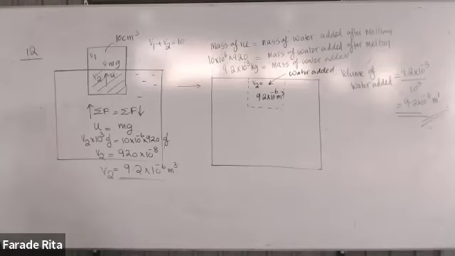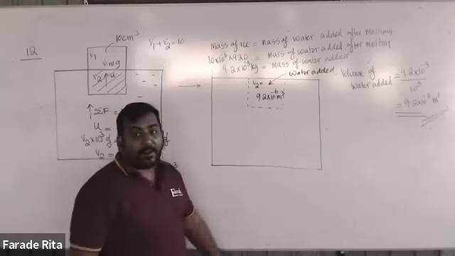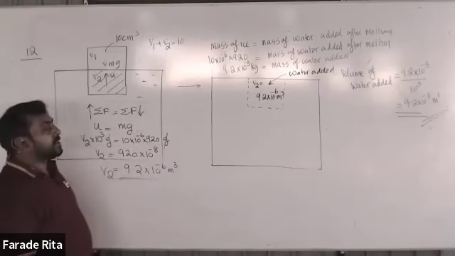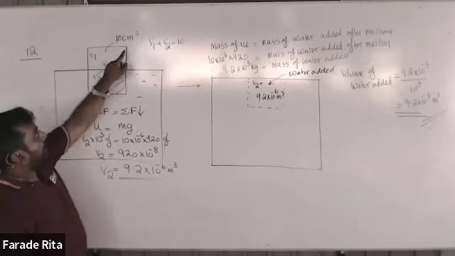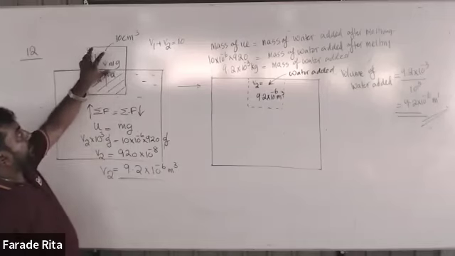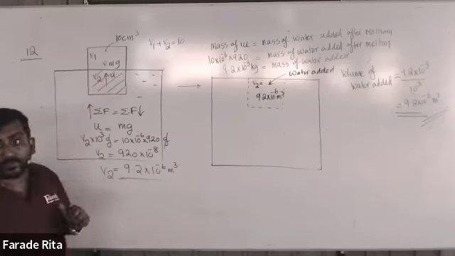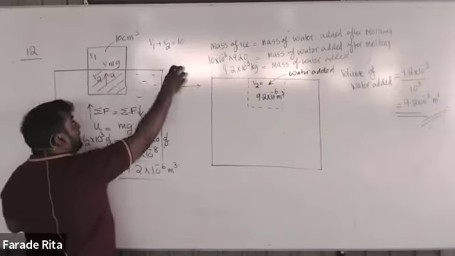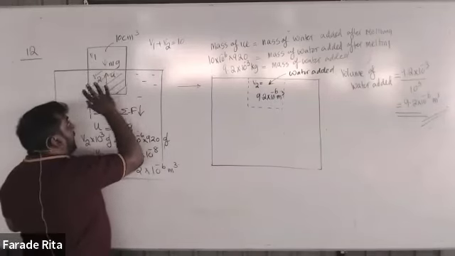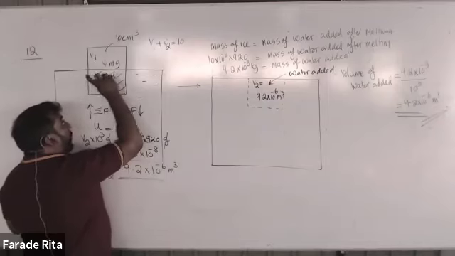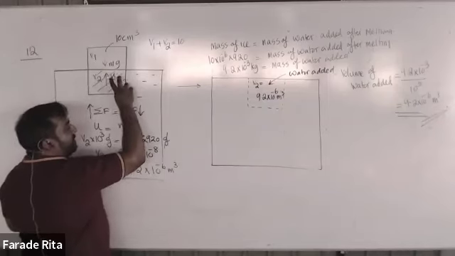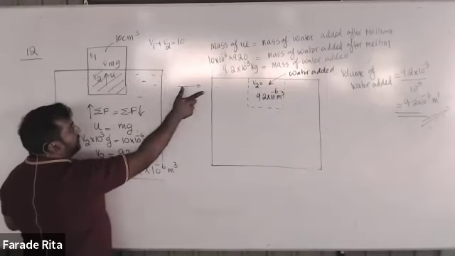Okay? So this is a very powerful basic question. Look at the complete volume, 10 cubic centimeters. You can find the submerged volume. So this space only is taken by ice. Once it melts, the complete mass of ice converts to water.